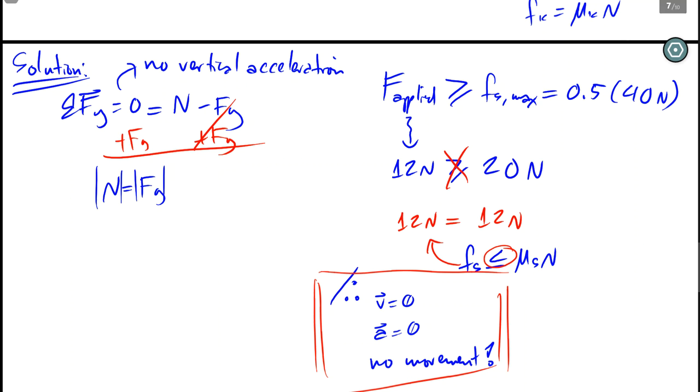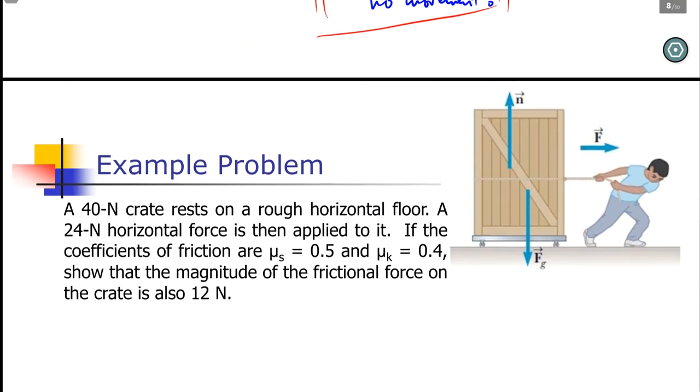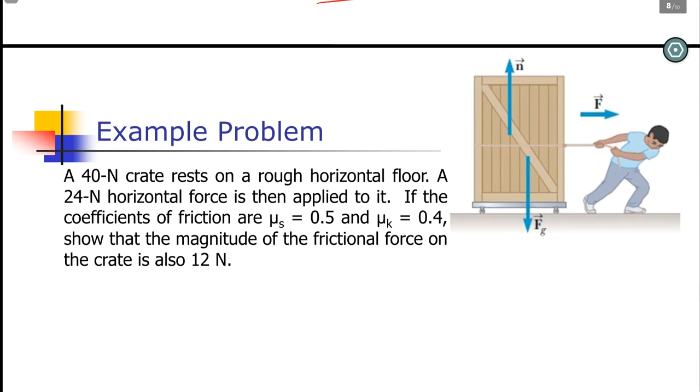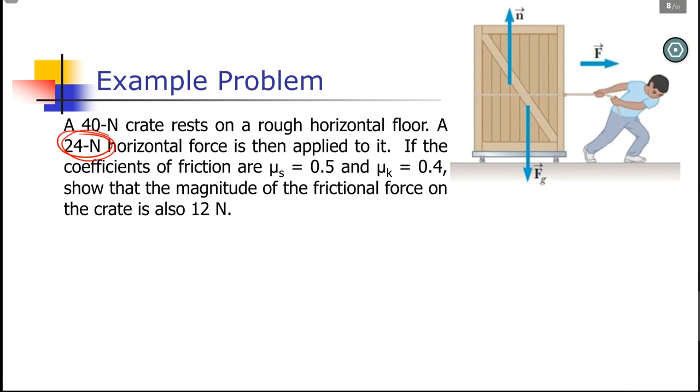So let's change things up a bit. We're actually not done yet, because we're going to do another problem, exactly the same thing, only one thing has changed: 24 newtons. Now the same exact givens.